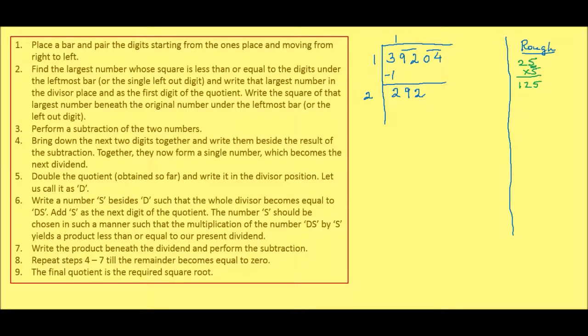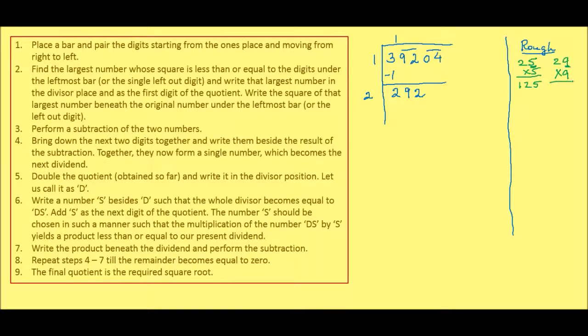We have to choose a digit which is more than 5. So let us take the largest digit, that is 9, and see what happens. Since we have taken S to be equal to 9, therefore we have to multiply by S. So we will be multiplying by 9.